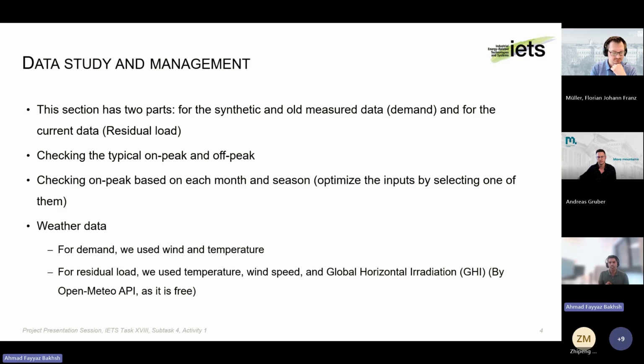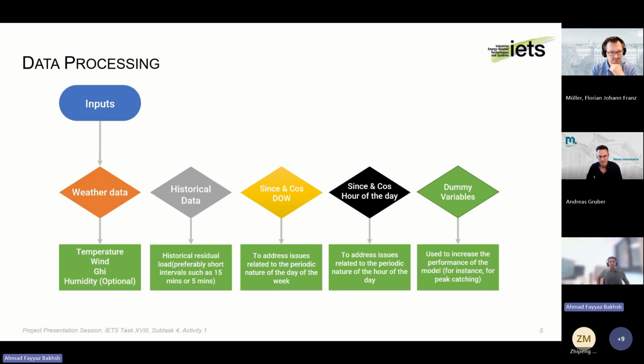But when we talk about the residual load, we need some data regarding PV generation, such as the irradiation.